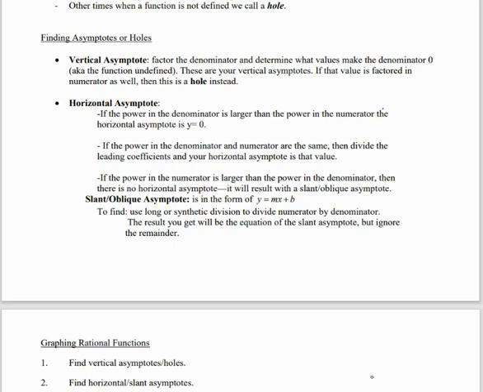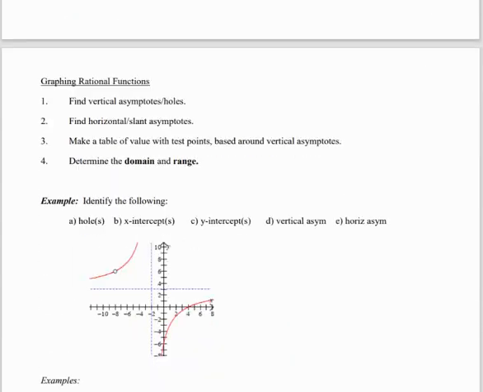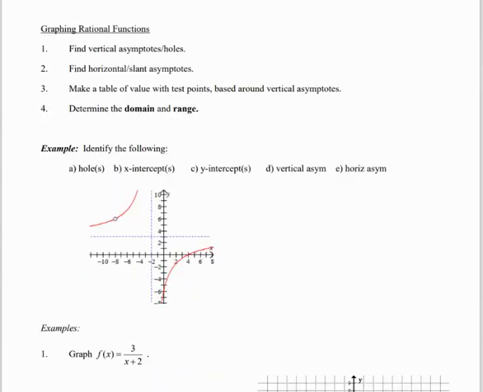We are going to reference back to this first page of notes quite often as we do our graphs. When graphing, we need to find our vertical asymptotes or holes, find our horizontal asymptotes, and then make a table of values with test points, based around our vertical asymptotes. Often we'll also be asked to determine the domain and range or other key points.